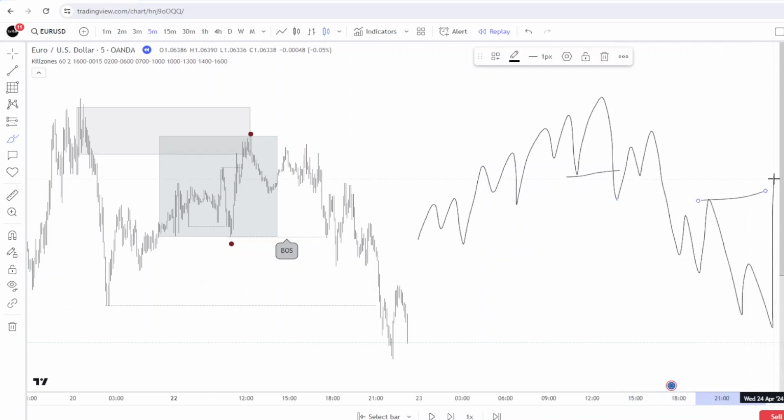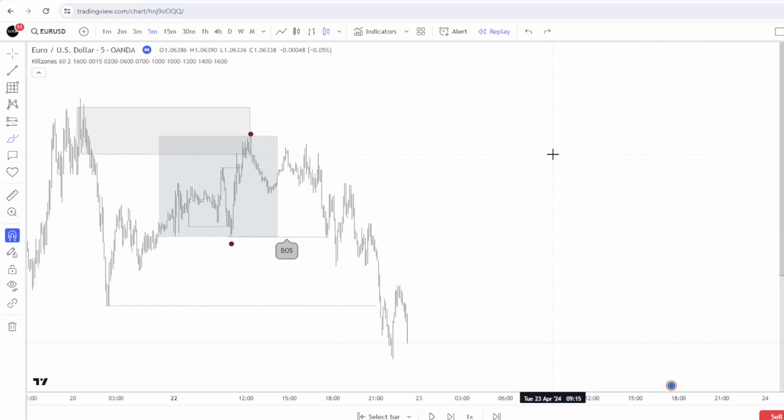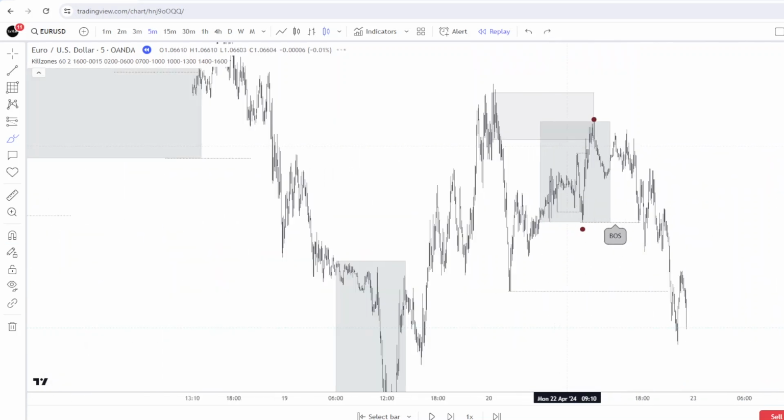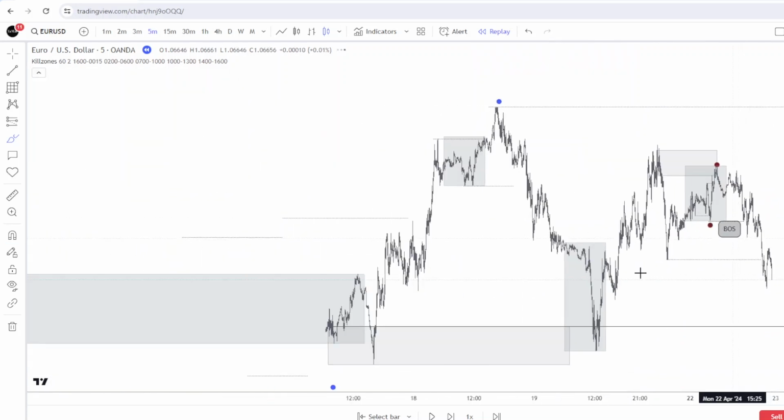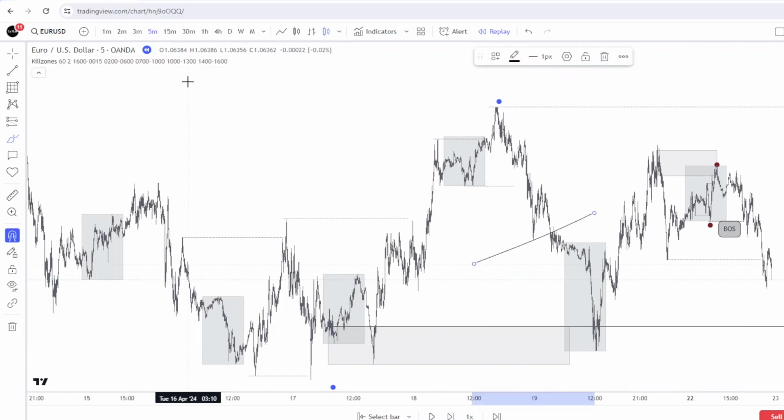Then it will start creating strong lows going up. Okay, so when this strong low is taken, it's most likely a QM on the higher time frame. As you can see here, we had our QM on H4. Let me just show you what I mean.